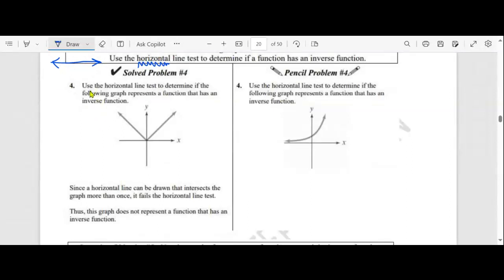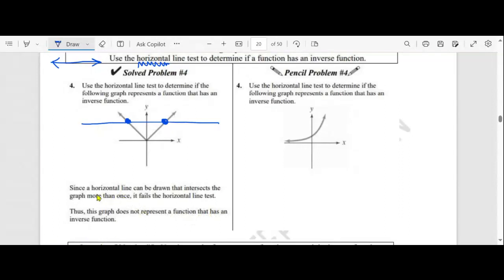So, use the horizontal line test to determine if the following graph represents a function that has an inverse function. Since a horizontal line can be drawn that intersects the graph in more than 1 point, it fails the horizontal line test. Thus, this graph does not represent a function that has an inverse function.